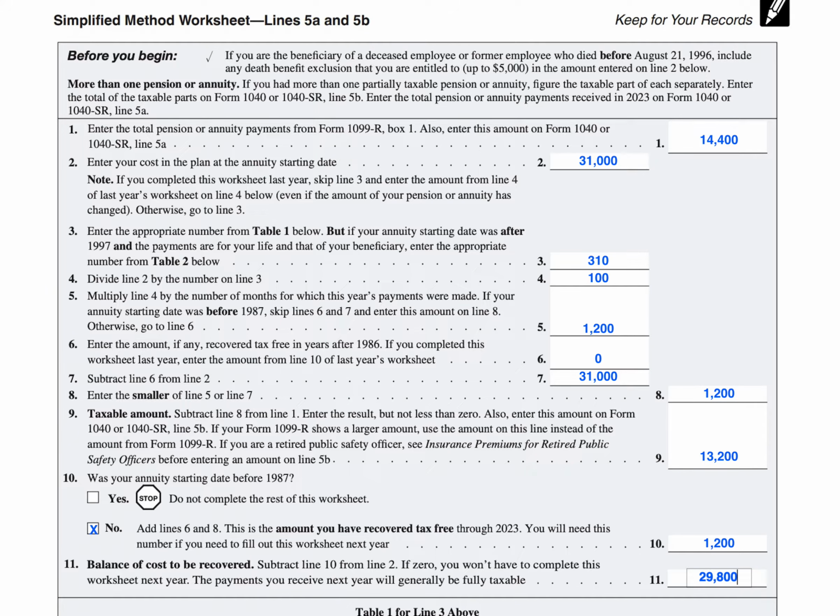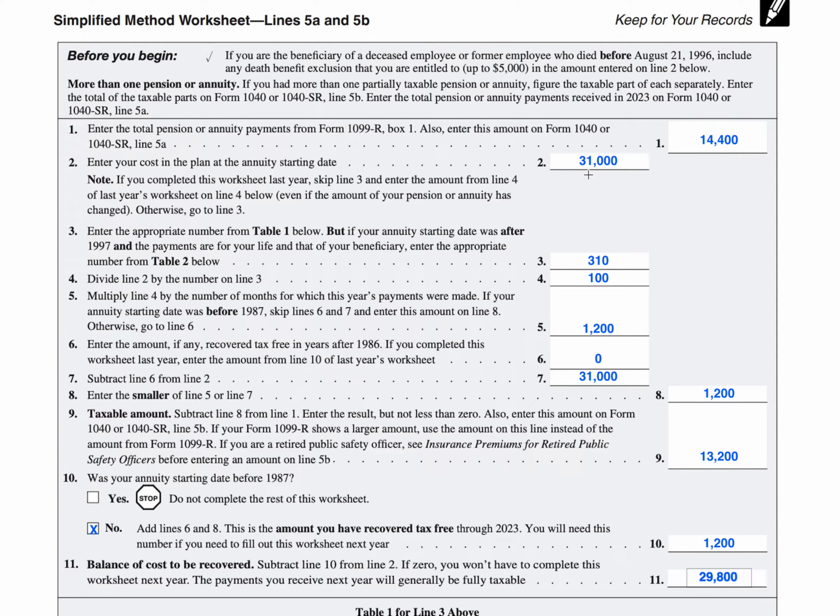However, if you are the beneficiary, there are a couple of things. If you are the beneficiary of a deceased employee or a former employee who died before August 21st, 1996, then you would include any death benefit exclusion that you're entitled to, up to $5,000, in line 2.